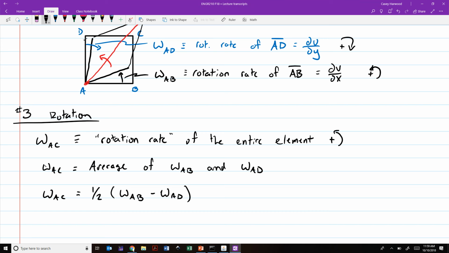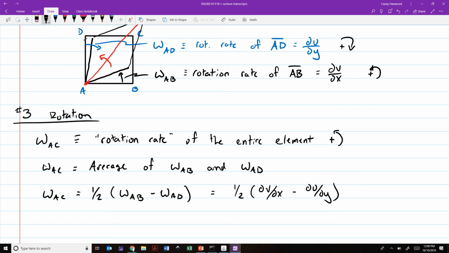Now the reason we've got that minus there is that we've decided this is going to be positive counterclockwise, but omega AD is defined positive clockwise, and so we have to flip the sign on that so that we have the same convention on both of them. So this turns into 1/2 (dv/dx minus du/dy). So that's the rotation of our fluid element.